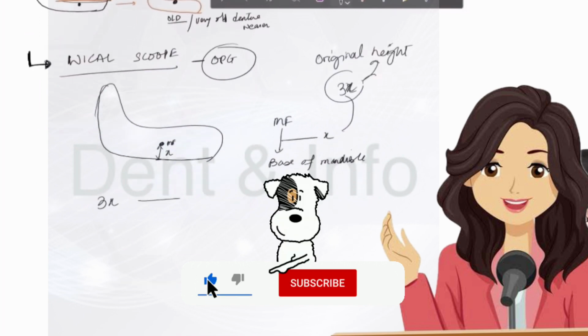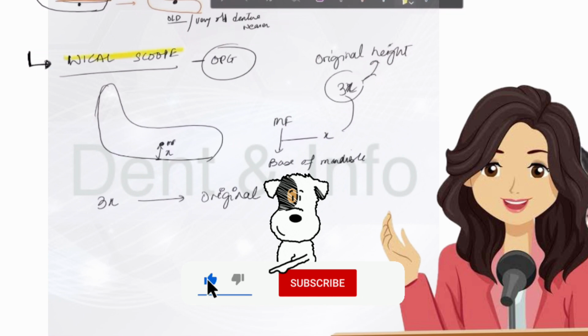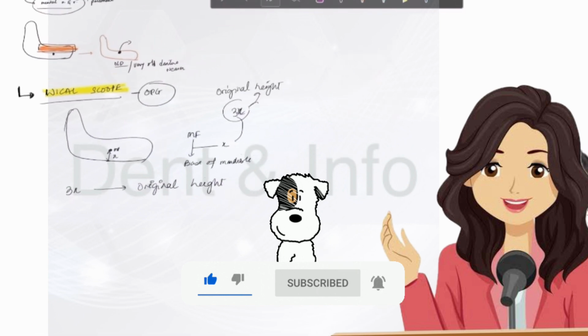3x is what your original height is. So I'll write it down. 3x will be your original height of the mandible. This is a study done by Vikal and Scoop. The reason why I'm telling you this is, this has a chance of coming in the exam, on the basis of the trends that I've observed and what I have read and studied through your different MCQ patterns. There could be a question on the Vikal and Scoop study.